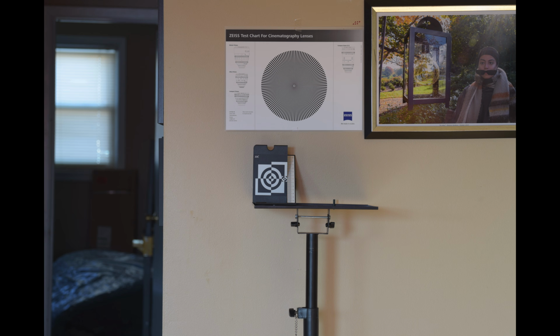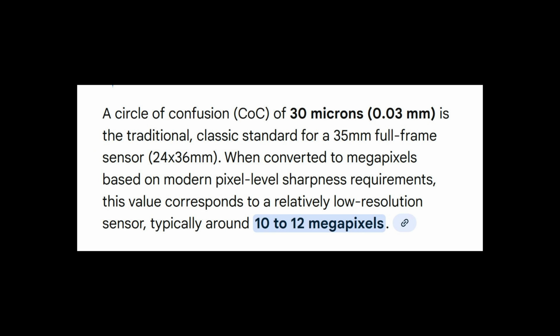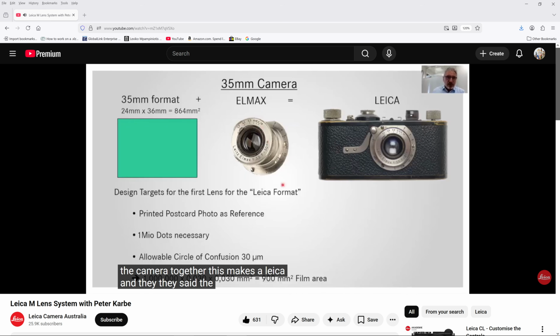So one would ask, why did I put the chart so far away? Because these charts were made for a circle of confusion of about 30 microns, which is 10 to 12 megapixels. And they said the design targets were defined in a very simple way.